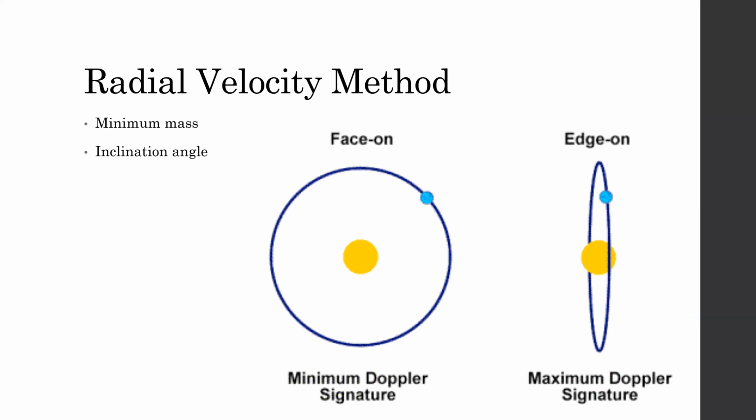If the system is face on, the inclination angle is 0. If it is edge on, the inclination angle is 90 degrees. Most planetary systems fall somewhere between these two, and we just have to remember that we're finding the minimum mass rather than the actual mass if we don't know the inclination angle of the system.